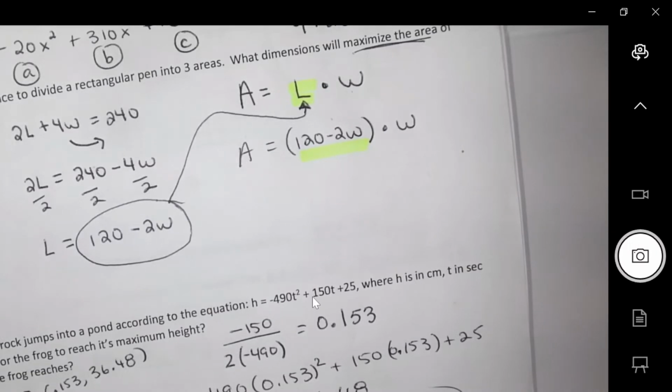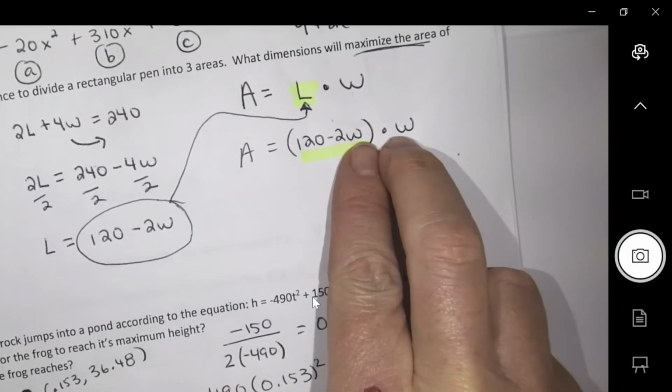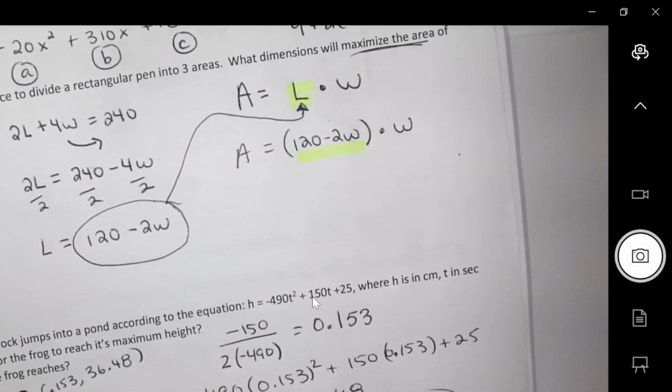Okay, do you see what I did? I made my replacement for an L. Do you see that I put it in brackets? That's important. If I didn't, it would only be timesing these without that. I don't want that. So brackets are important.